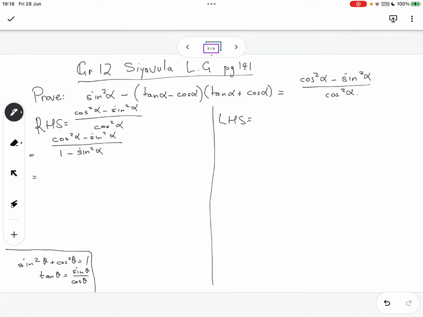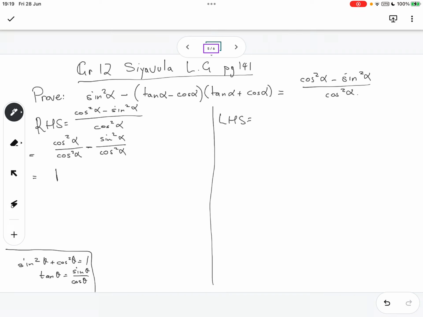Then we will have, or maybe not. That actually complicates it. Yeah, that actually complicates it. So let's rather just split the fraction, which if we split it, we will have cos squared alpha over cos squared alpha minus sine squared alpha over cos squared alpha.